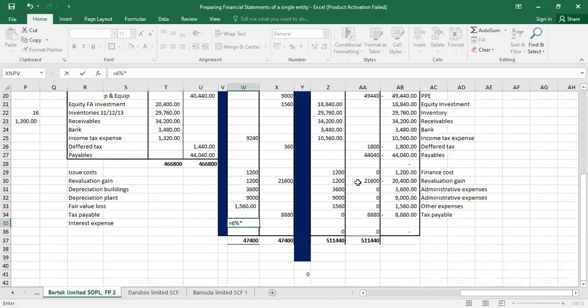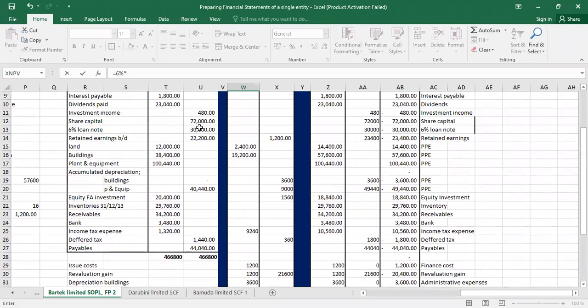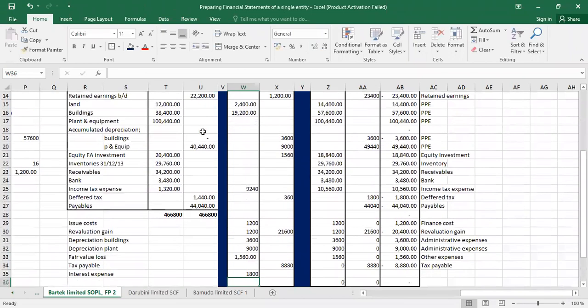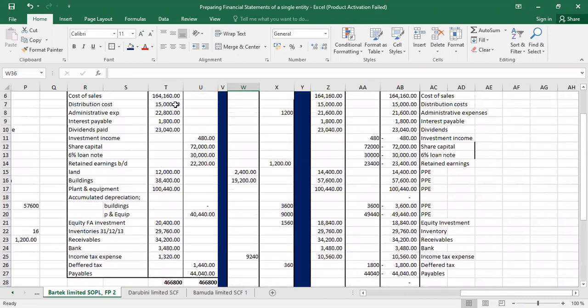You multiply by, what was it? It was 30,000, isn't it? To find that is 1,800, isn't it? And so what will we credit? We'll credit interest payable. Yeah, interest payable. So we credit 1,800.